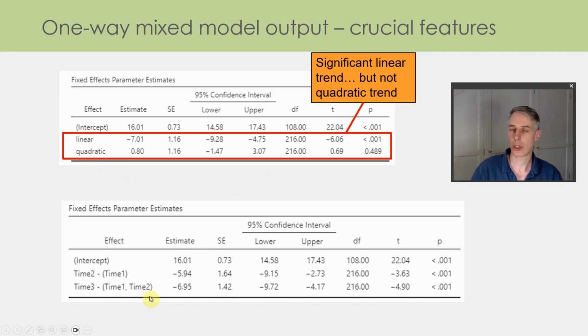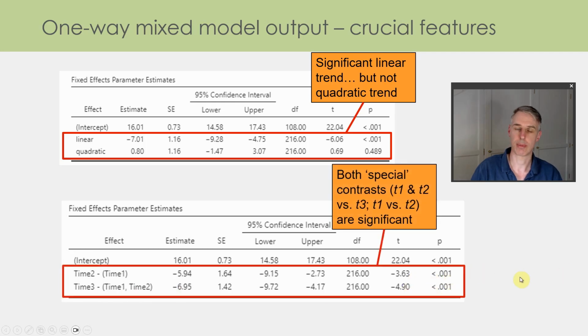If we had changed the factor coding option for time to difference coding, these are instead the contrasts that we would have got: the contrast between time 3 versus time 1 and 2 combined, and between time 2 and time 1. Both those contrasts are highly significant.